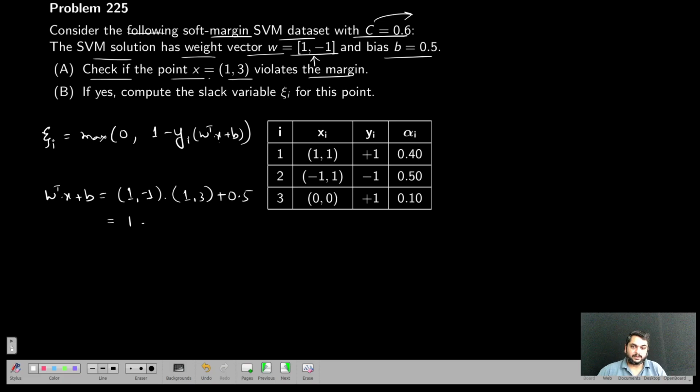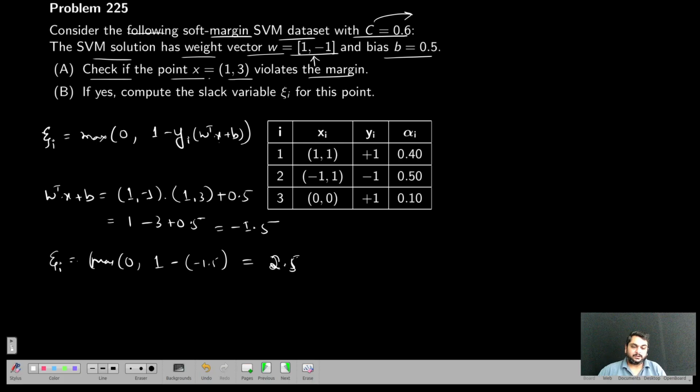This is 1 minus 3 plus 0.5, which is minus 2 plus 0.5, so minus 1.5. So now zeta i is the maximum of 0 and 1 minus of minus 1.5. So we get 2.5.